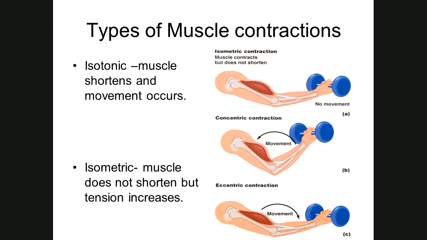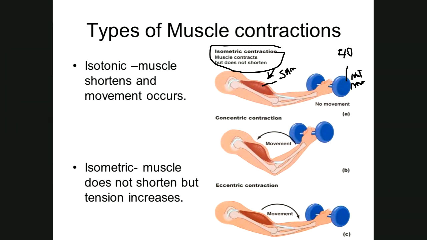So this person's trying to lift this weight. I don't know what it is, but let's say it's a 40-pound dumbbell. Well, this muscle is going to contract like crazy trying to lift 40 pounds. But if it can't produce 40 pounds of tension, this is not going to move. And when it doesn't move, the muscle cannot get any shorter, so the muscle is going to stay the same length.